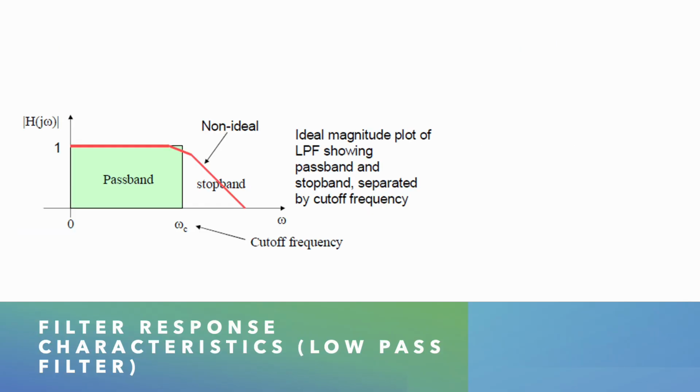Now let's look at the filter response characteristic for the low pass filter. This is the ideal low pass filter, which will pass the lower frequency range and eliminate all the higher frequency range, and this is the cutoff frequency. The ideal filter has a block like this, a rectangular block.